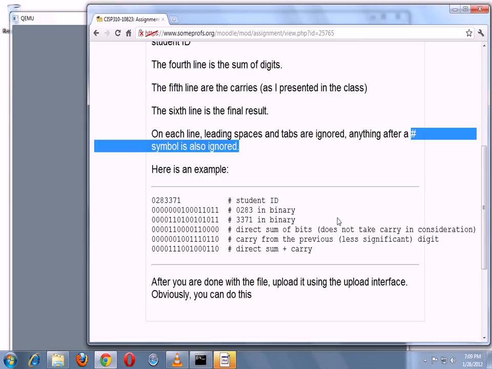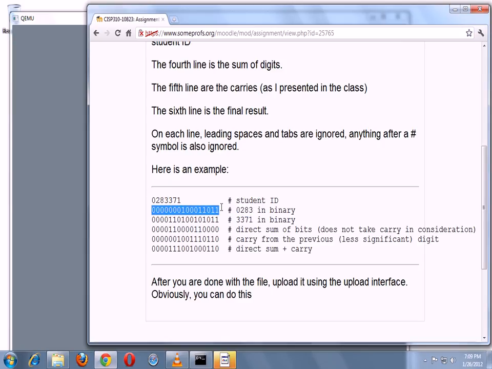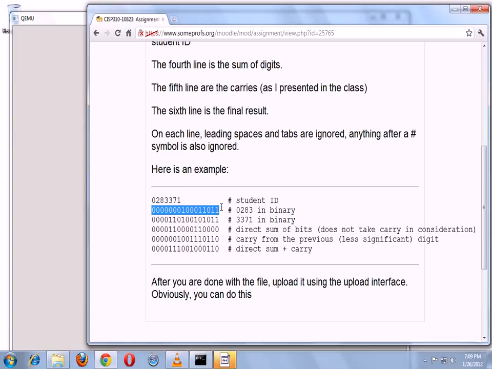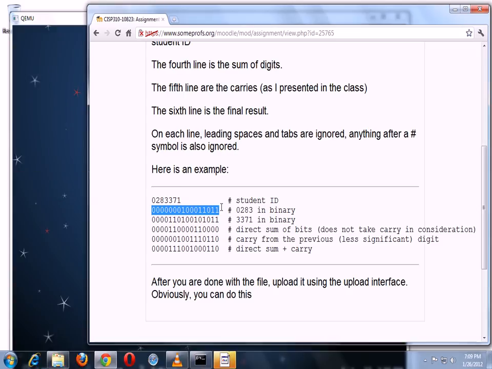Okay, so here's an example. This is a student ID that I just invented. If anyone in this class has exactly this same student ID, it's purely coincidental, freakishly coincidental. The next line is 0283 in binary, because that's the first 4 digits of the student ID. This part, you can just use a calculator to do the base conversion from base 10 to base 2.